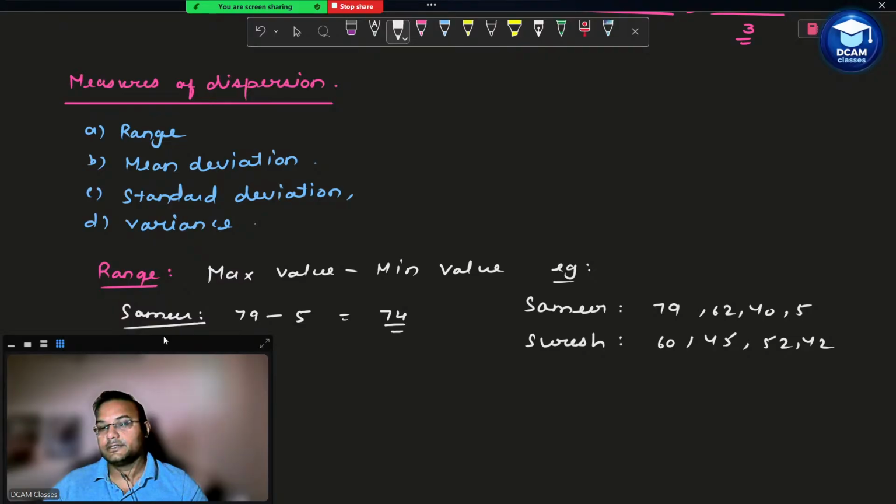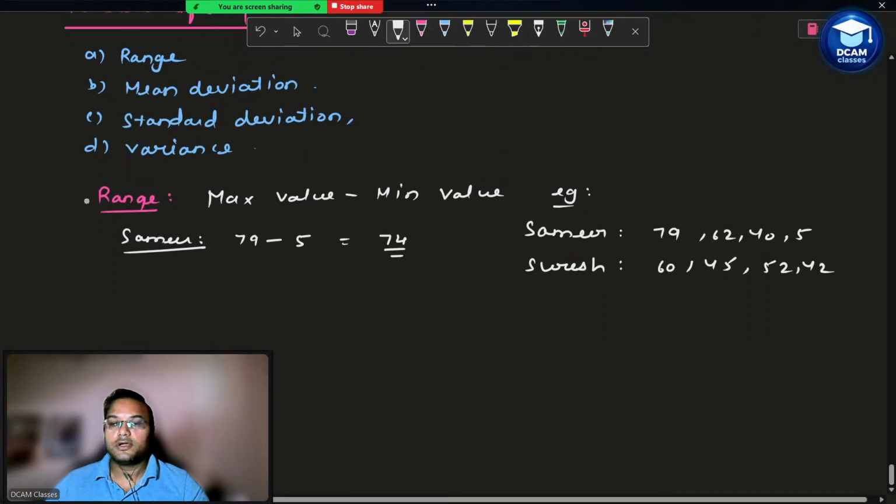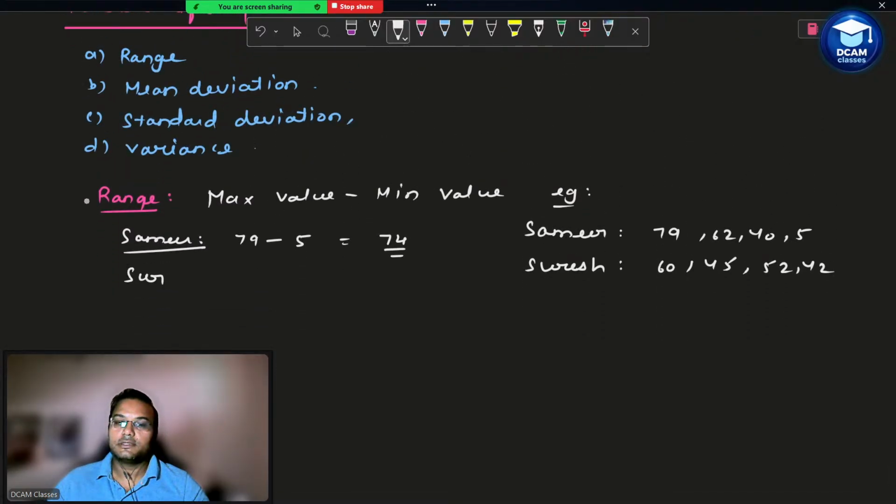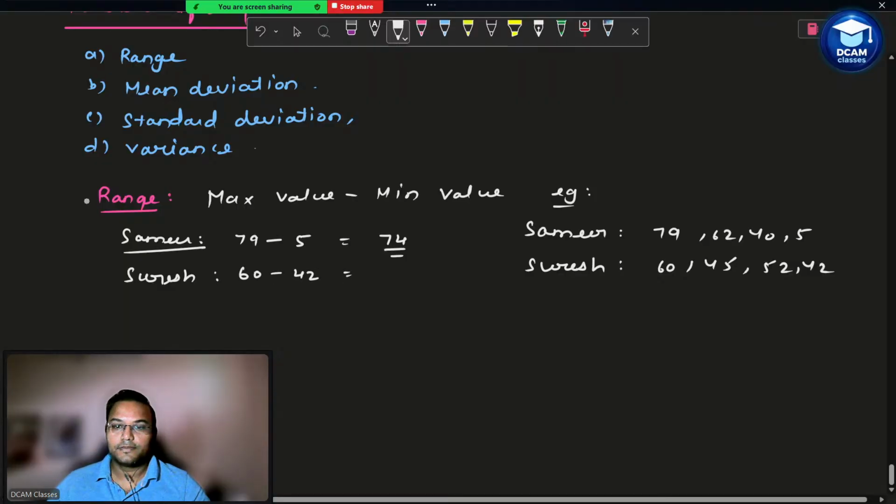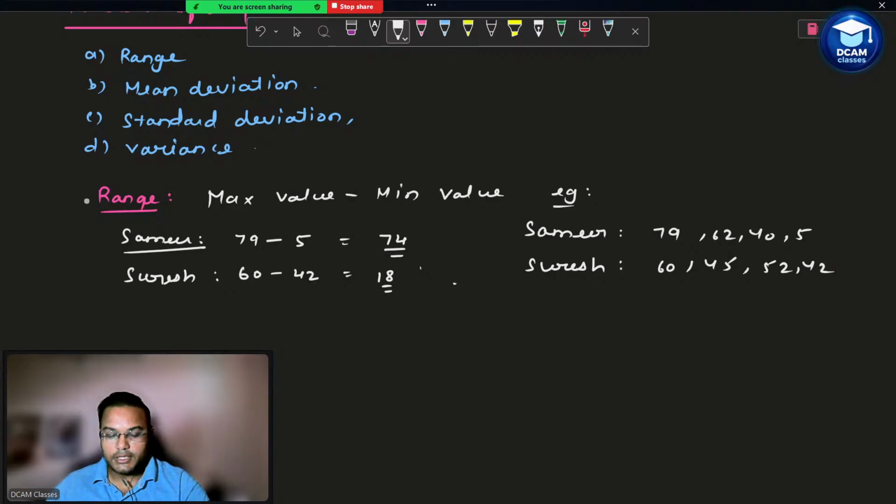This is the range. If we talk about Suresh, the range of marks he has got is maximum 60 and minimum 42, so 18. Okay, these are the range of marks.